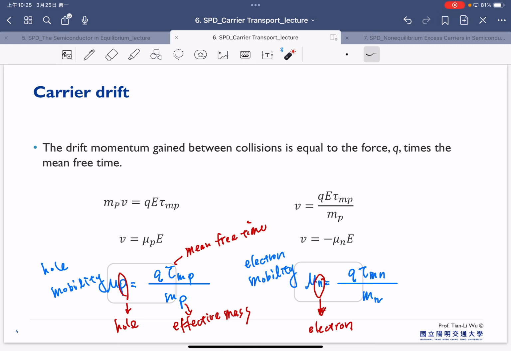So if you change a material from silicon to germanium to gallium arsenide to indium phosphide to gallium nitride or silicon carbide, each semiconductor material has its own effective mass and has its unique mean free time. So therefore the mobility can have a huge difference here, and that's usually considered as a constant that's highly related to the material properties.